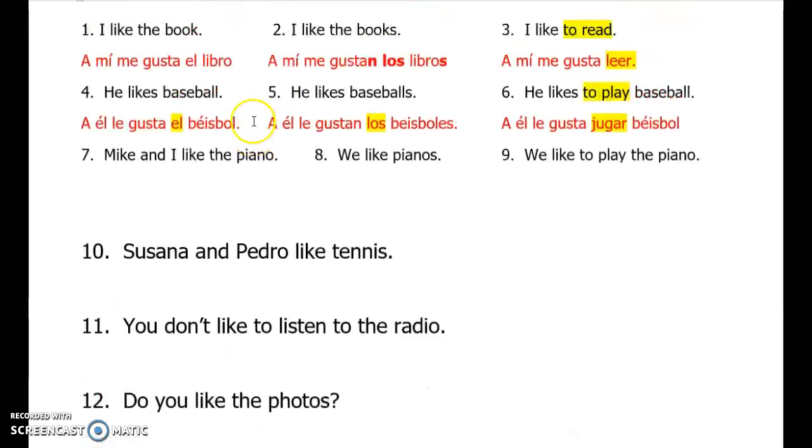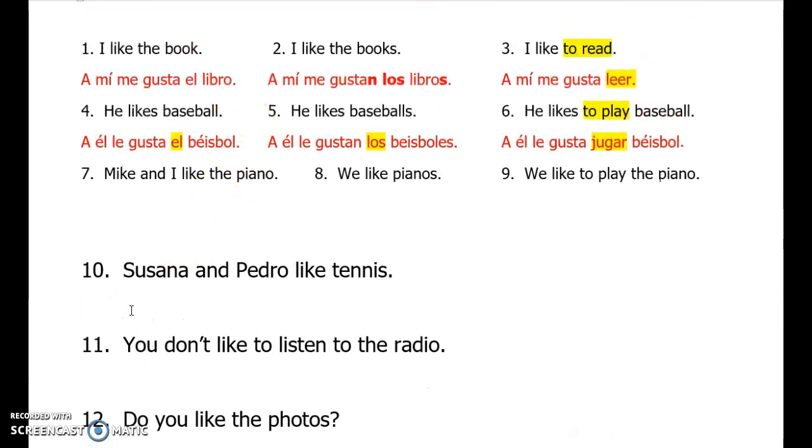All right, let's go up here. I want to do one where we're using two names. So we're going to say a Susana y, now normally you just go on with the sentence, Pedro. But here's the thing: you have to use the a in front of it. That a has to be part of both their names. They are two people. That's the same as they. So we're going to say les.